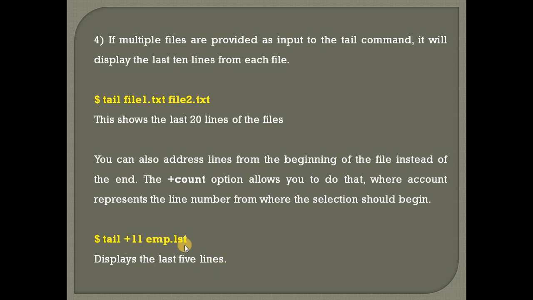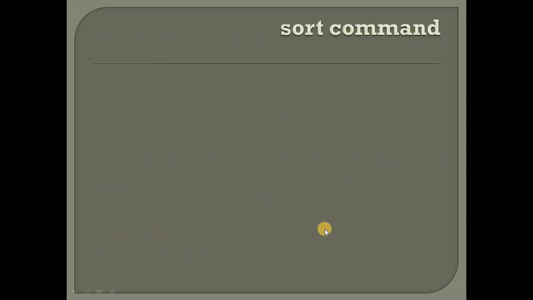So if this file contains 15 records, this +11 will start printing lines from 11 onwards downwards, so 11 to 15. This will display the last 5 lines. So with this we finish with the second filter command, that is the tail command. I hope you have understood the tail command.